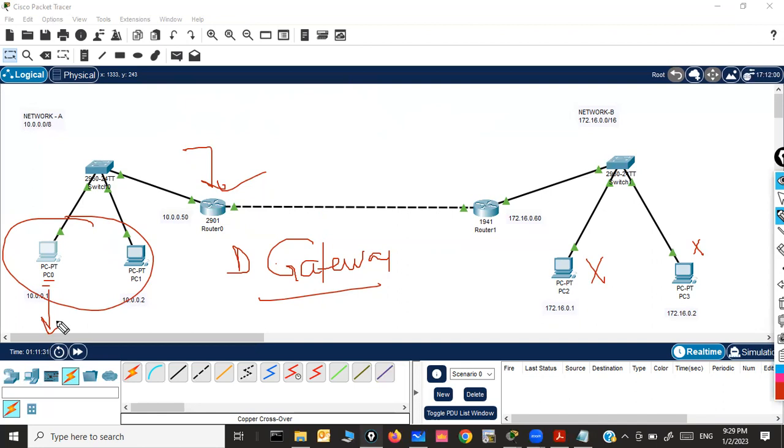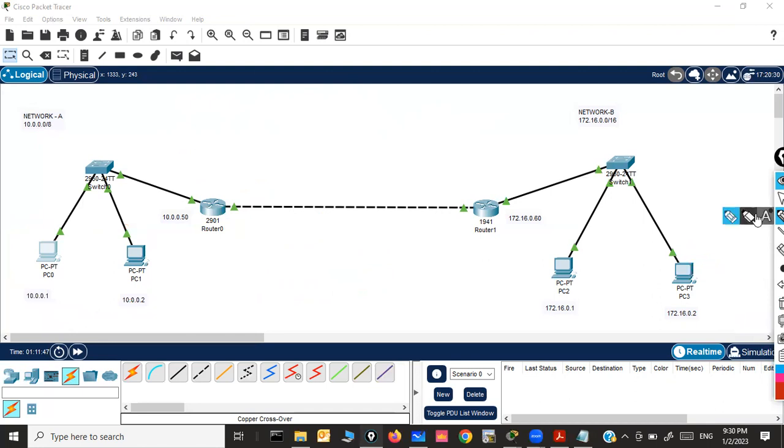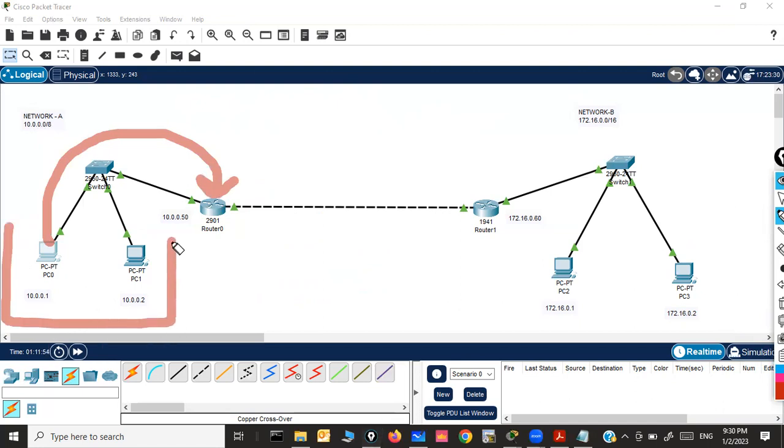Destination is maybe anywhere, in a different network. So what should I do as an end host device? Blindly I should forward the packet to my gateway. I don't care, I don't know what would happen after that. My responsibility is sending the packet to the gateway.